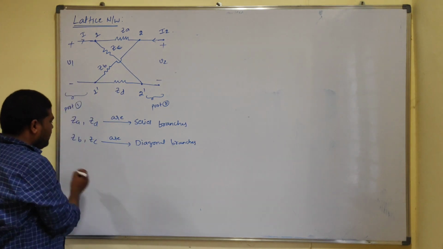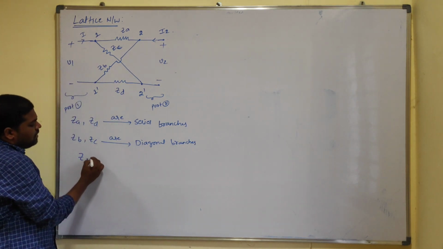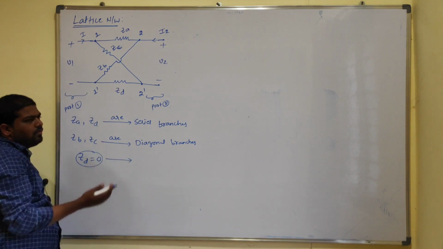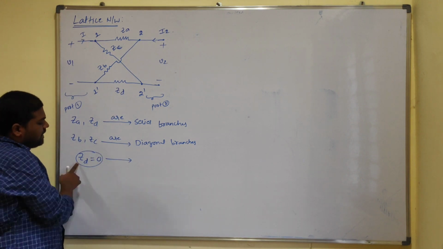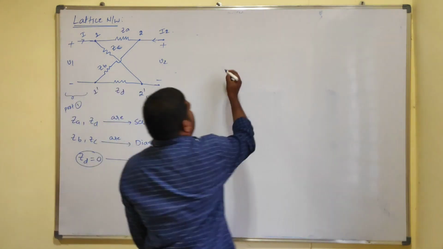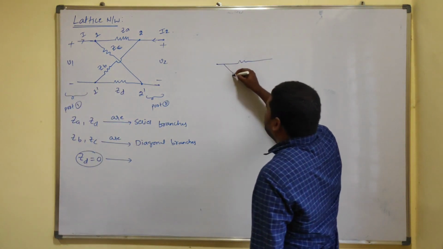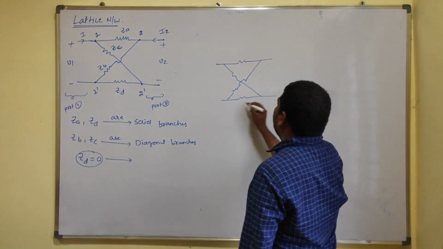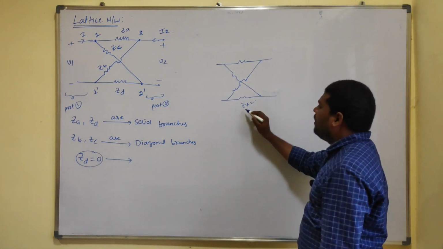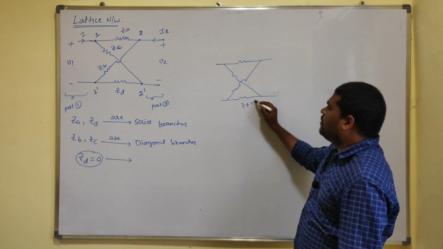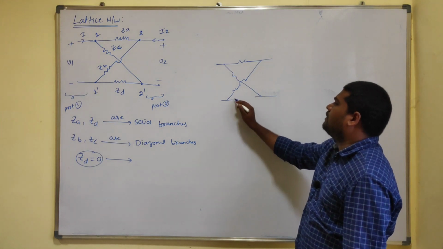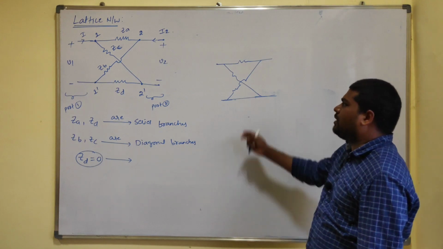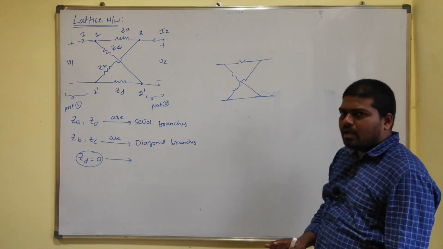If ZD equals 0, how will the circuit change? Here we have the ZD resistor. If you consider ZD equals 0, that means a short circuit path, right? Zero resistance means a short circuit path. Then the circuit changes like a pi model.